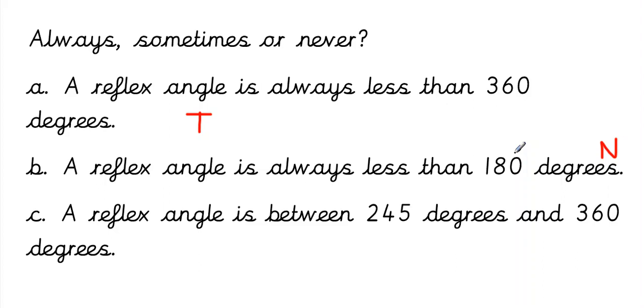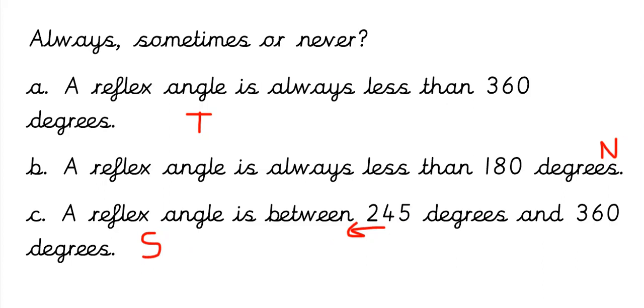Anything less than 180 degrees, you've got your right angle and acute angles. And C, a reflex angle is between 245 degrees and 360 degrees. Well, your answer there would be sometimes, because a reflex angle is anything between 180 degrees and 360 degrees. So it could even be less than this 245 degrees.